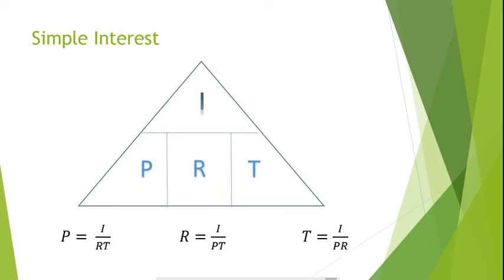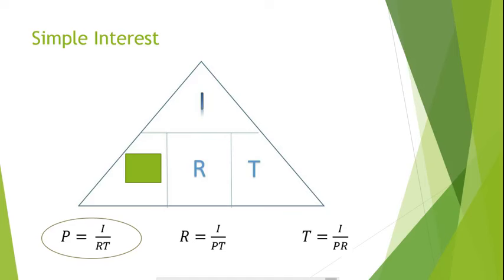So if we want to find the formula to solve for the principal of an investment that earns simple interest, all we need to do is cover up P, representing principal, giving us our formula of interest divided by rate times time.